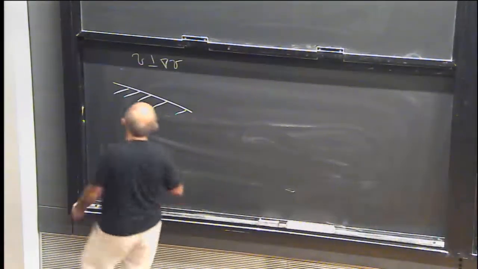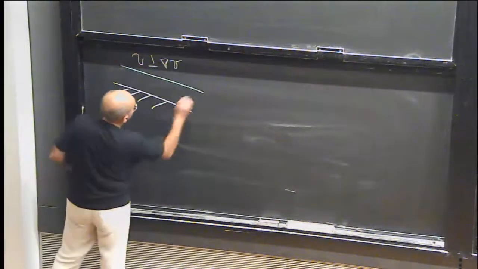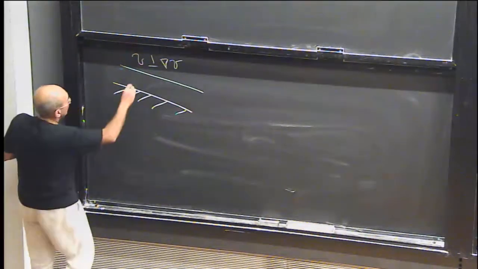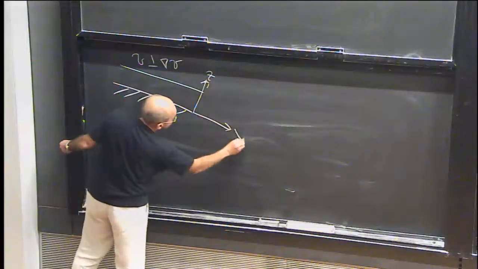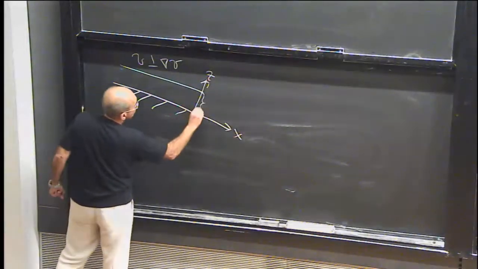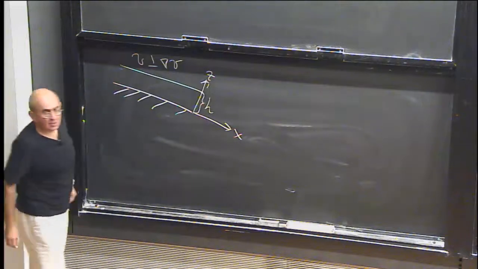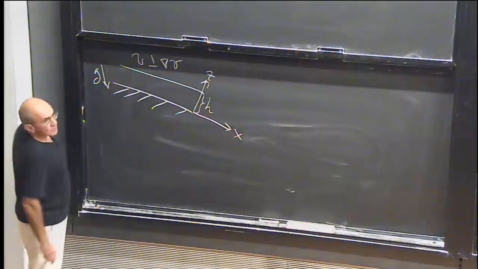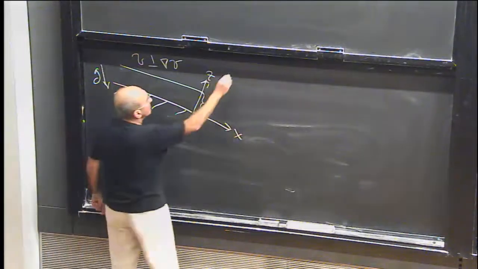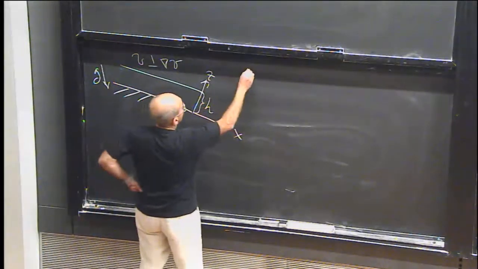So we assume that there is a layer of a fluid, and let's put our axis this way, and this would be its depth, and there is gravity acting like this. So in our equation, we'll get two components.